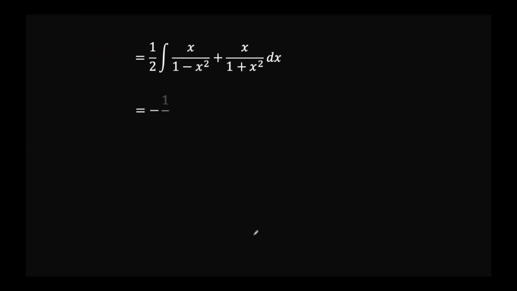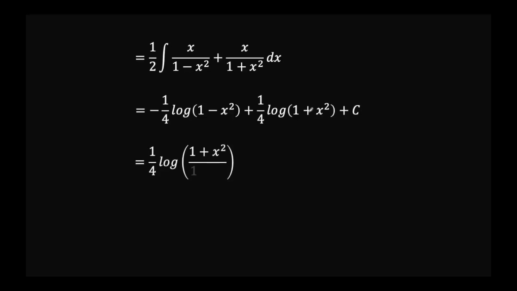Okay, so you see half times that half, we now have minus a quarter natural logarithm of 1 minus x squared plus 1 over 4 natural logarithm of 1 plus x squared plus a constant. So using the rules of logarithm, this is the same as this divided by this, times the same constant. So we have a quarter natural logarithm of 1 plus x squared over 1 minus x squared plus integration constant.